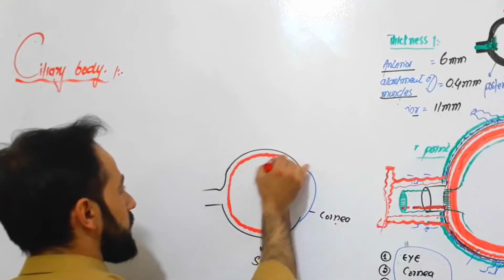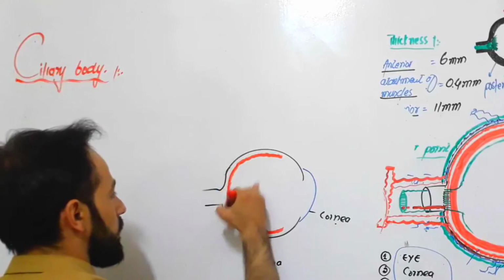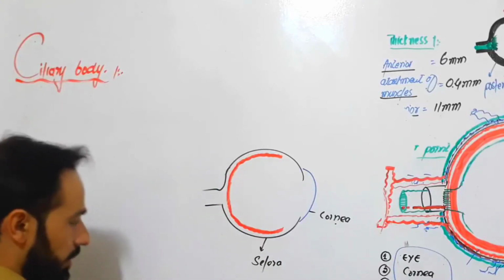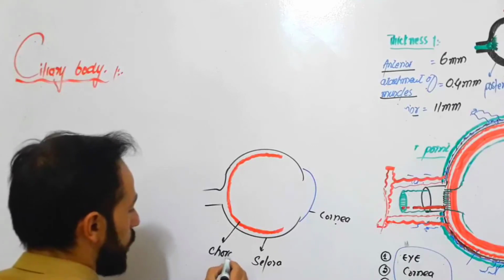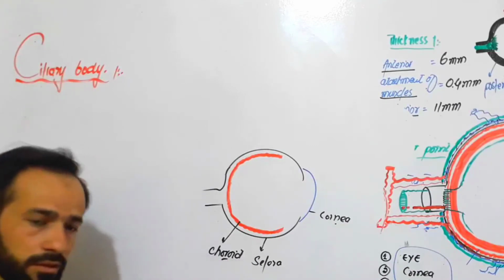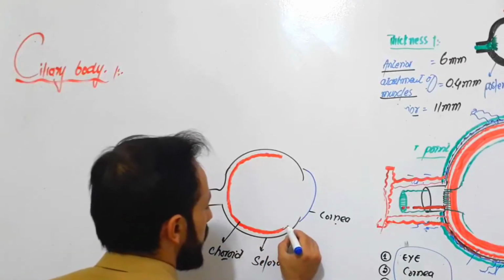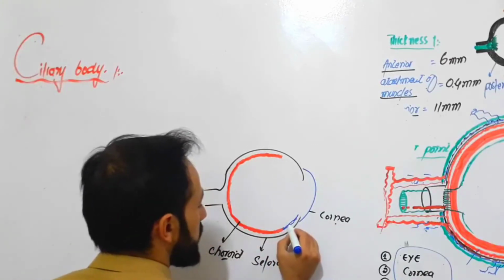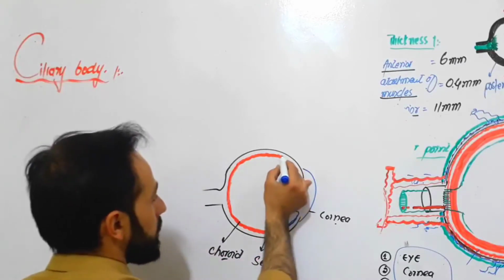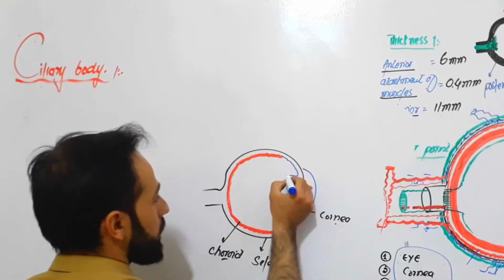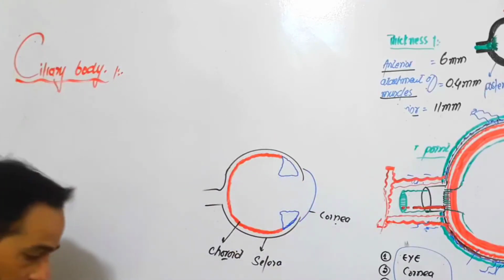Now let me complete it. First of all, this red color, as you can see, is called the choroid. Let me name it. This is choroid. And when this choroid moves anteriorly, it makes a triangular shaped part, and this triangular shaped part of the uveal tract is called the ciliary body.